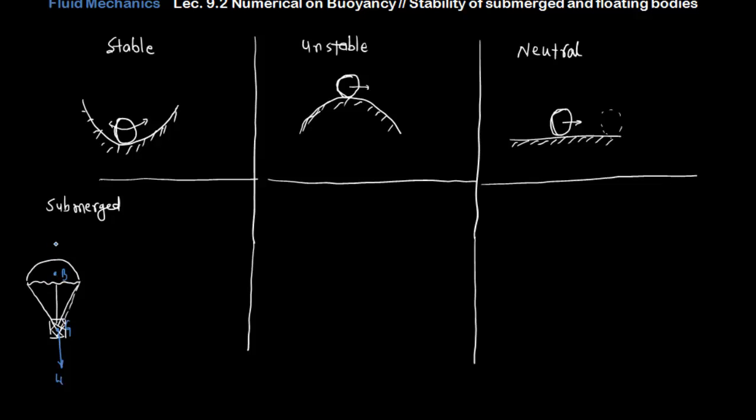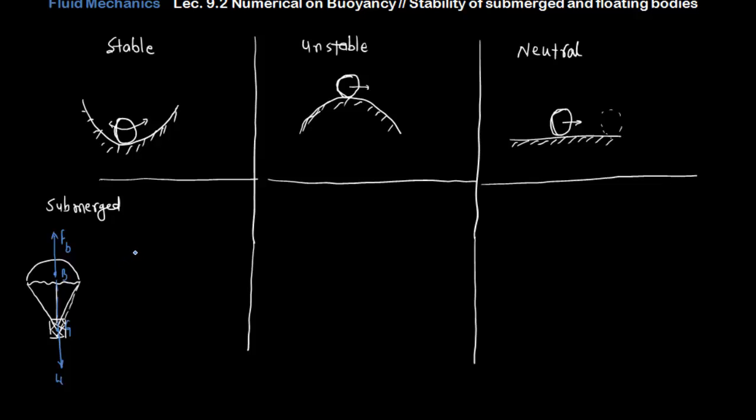Due to the displacement of air, the buoyant force will act in the upward direction. This is our buoyant force. For submerged bodies, the line of action of the buoyant force and the line of action of the weight will always be the same, and this will be vertical here. I am drawing this line here.